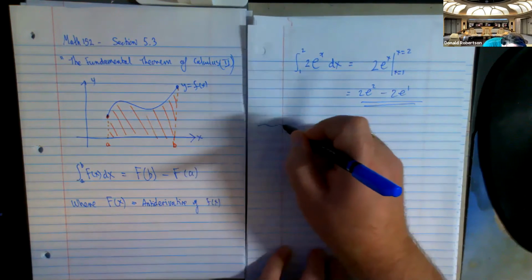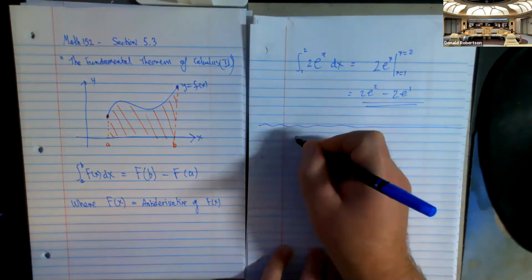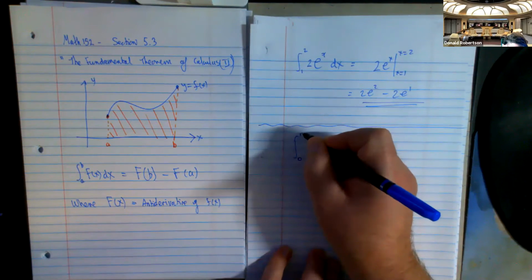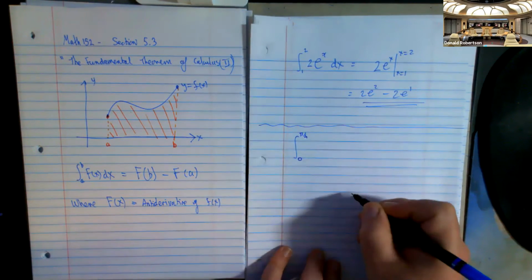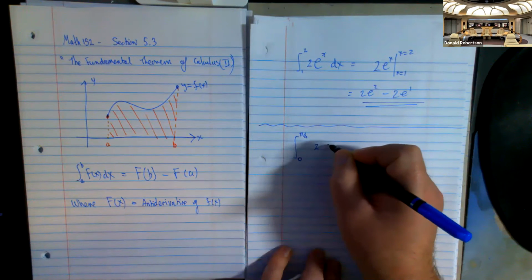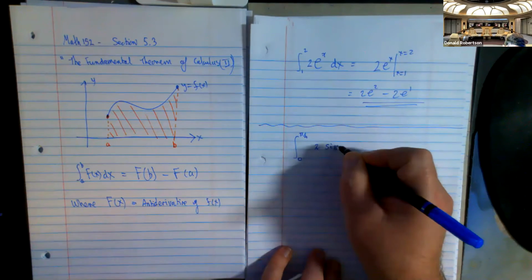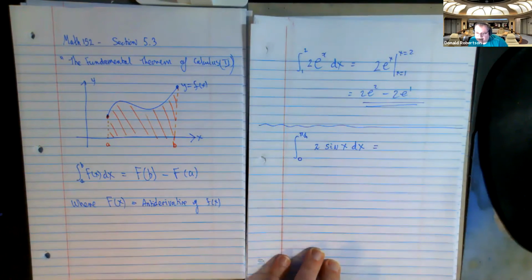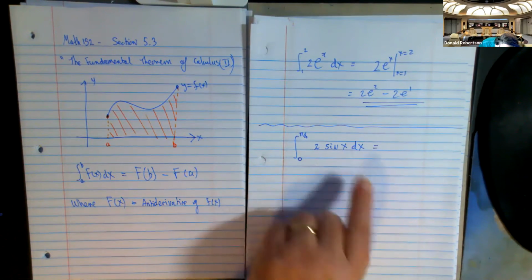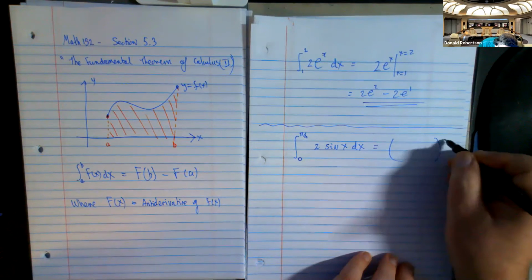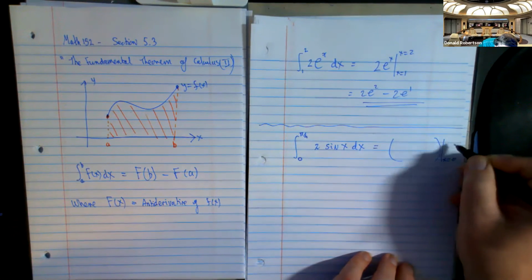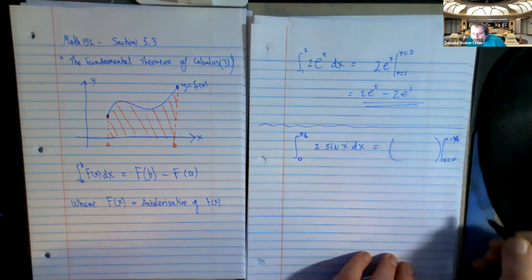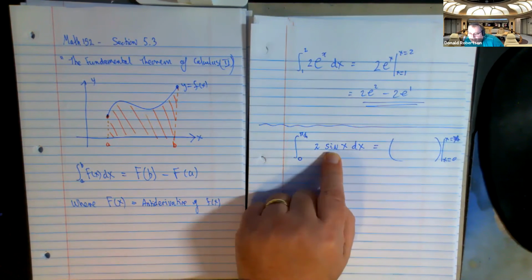Do a trig guy. I want to do the integral from 0 to pi upon 4 of 2 lots of sin x. So we need to do an antiderivative of a sine function, and then we'll evaluate it at 0 and pi upon 4. Be careful about the sign.